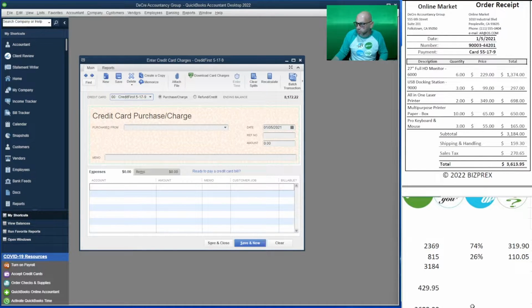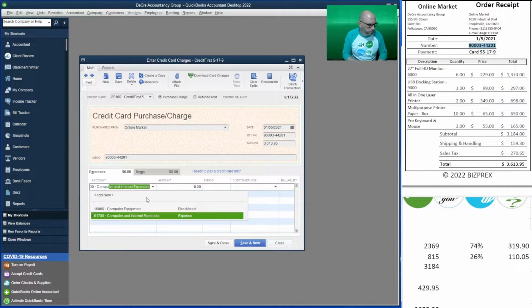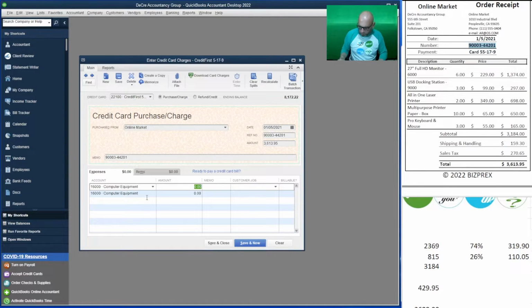So let's go ahead and book this transaction. All right, so it's from Online Market, the date. Okay, let's use our reference number right here. Okay, here we have computer equipment, 2,688.90.